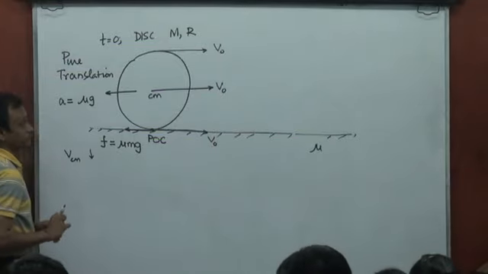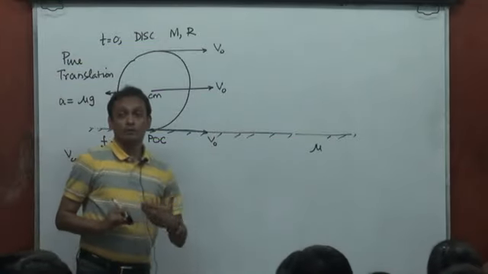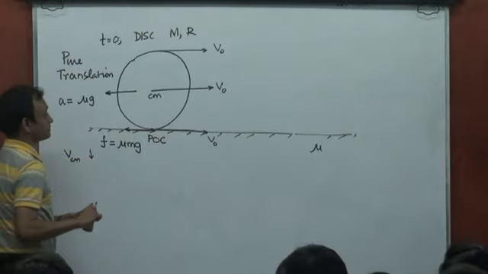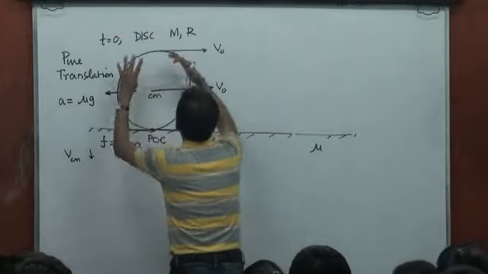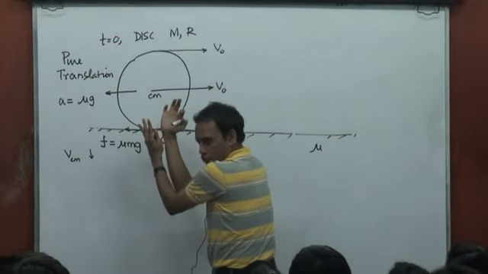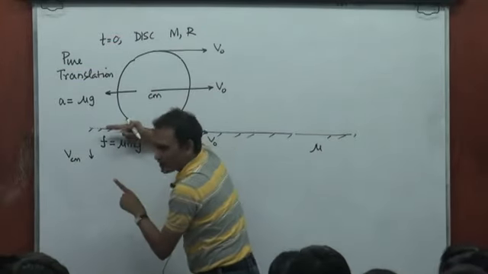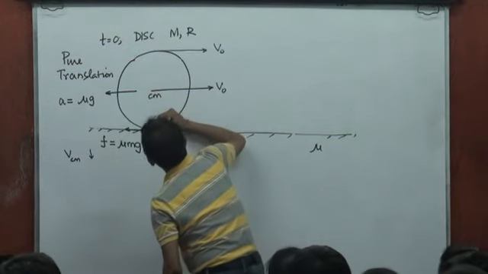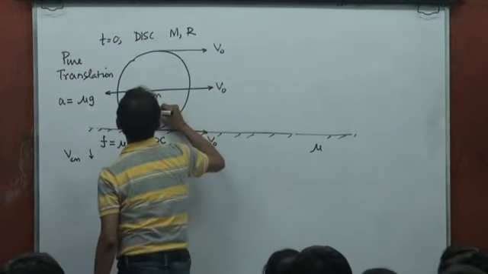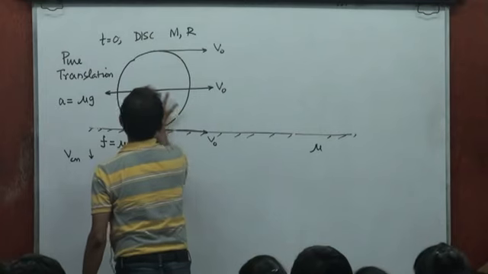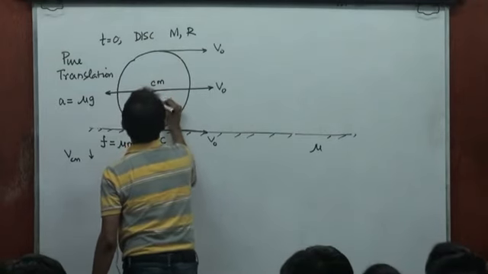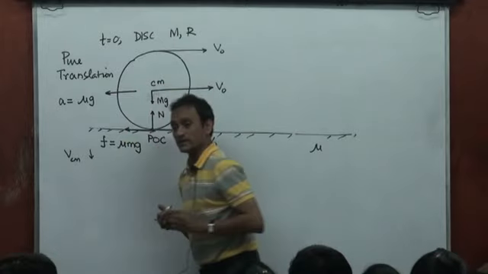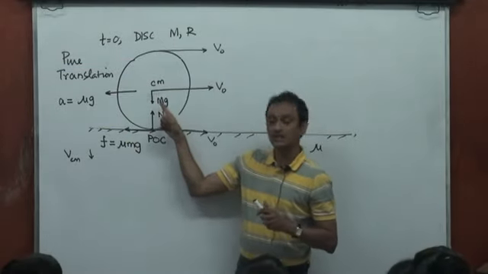Now, the other effect. Well, the sum total of all the forces acting on this rigid body would be: there is one frictional force acting leftward, there would be normal reaction N acting upwards, and there is going to be mg acting downwards, N balancing mg.